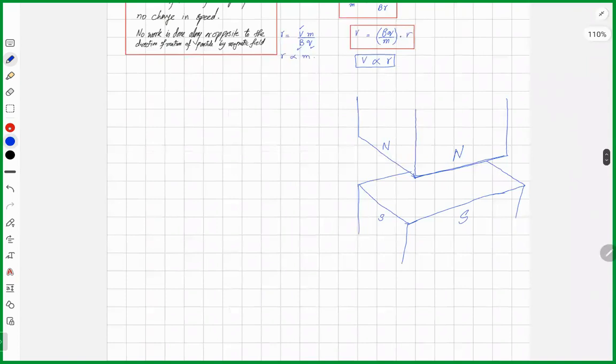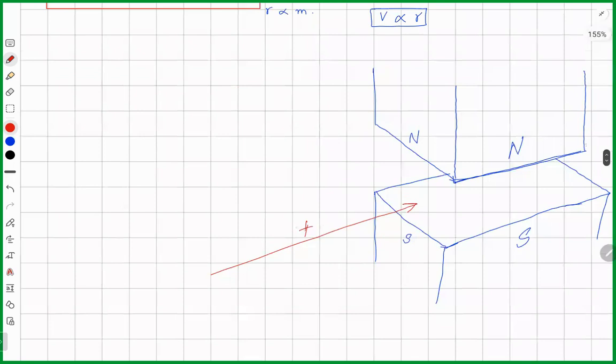And a charged particle which goes in experiences a force, and if it is a positively charged particle going into the magnetic field which is north to south, so if your fingers are pointing towards south, downward, and your palm is pointing towards right, you will see your left hand thumb is pointing something like this. So the particle should bend like this and then pass through like this in the magnetic field.